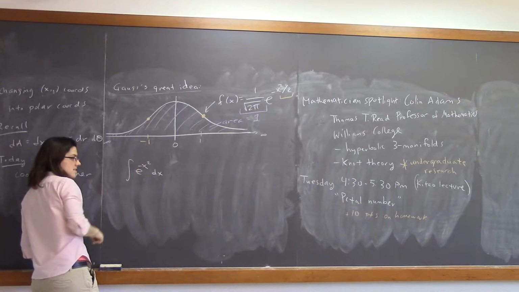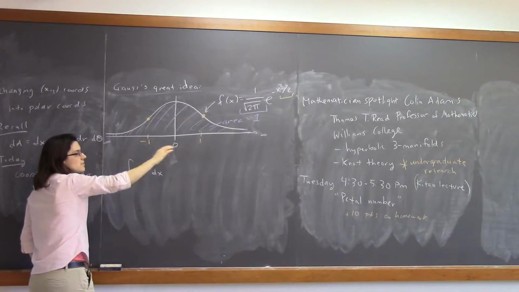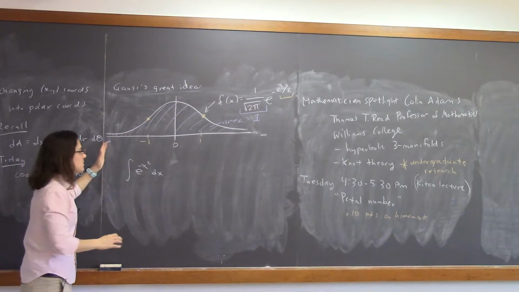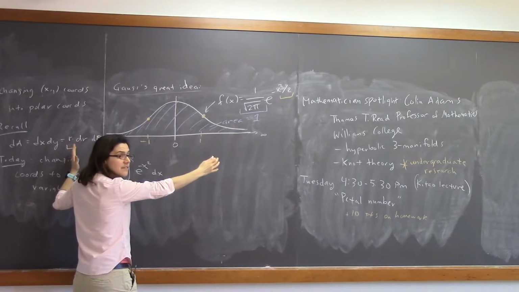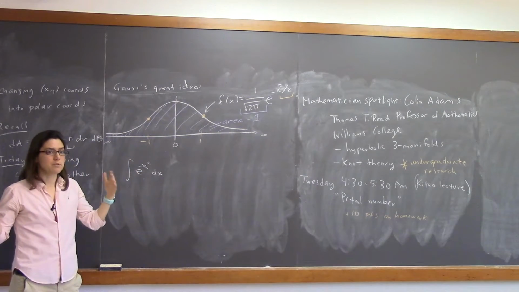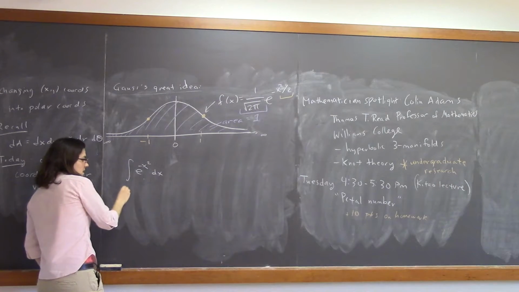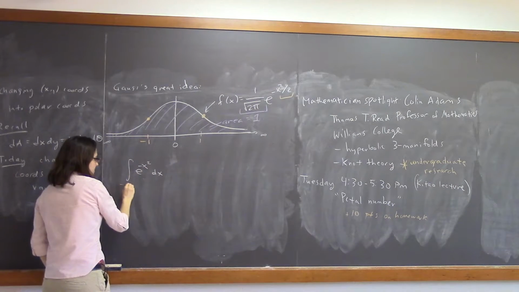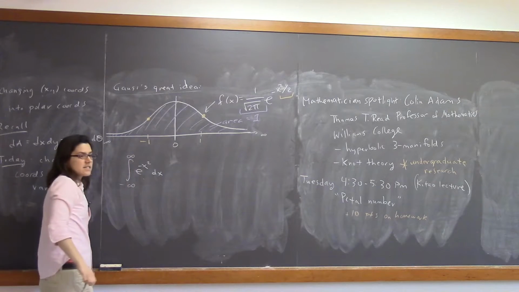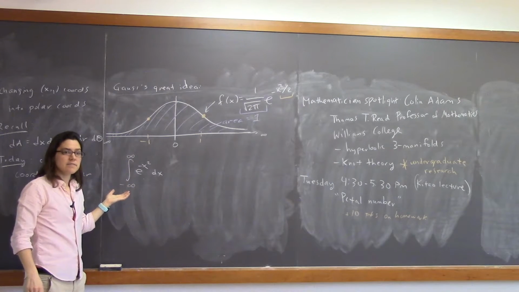So we'd want to find this integral. And usually when you're doing things with the bell curve, you really only care about like between negative 5 and 5, because most people fall within 5 standard deviations of the mean. But actually this goes from negative infinity to infinity. So we want to integrate this function from negative infinity to infinity.